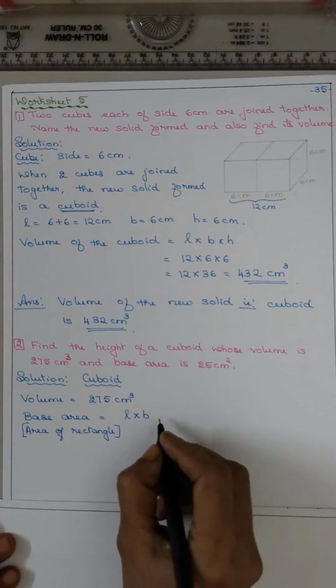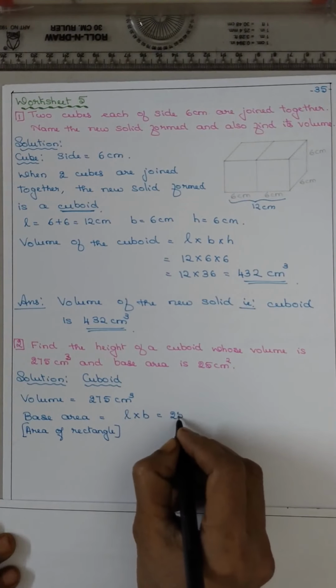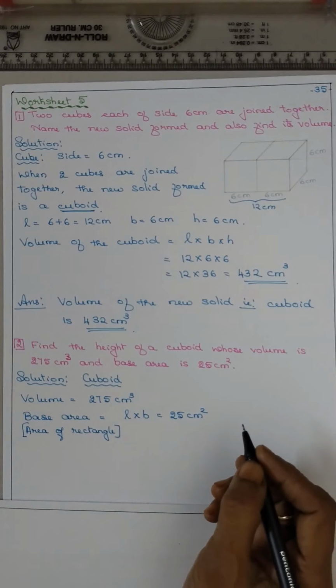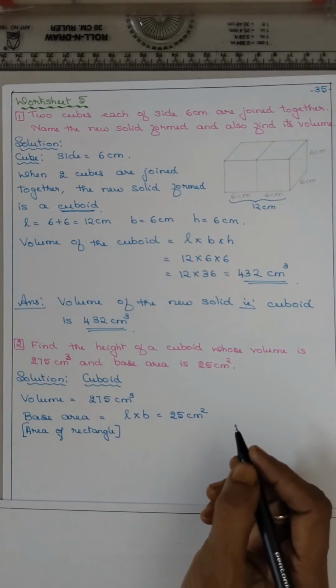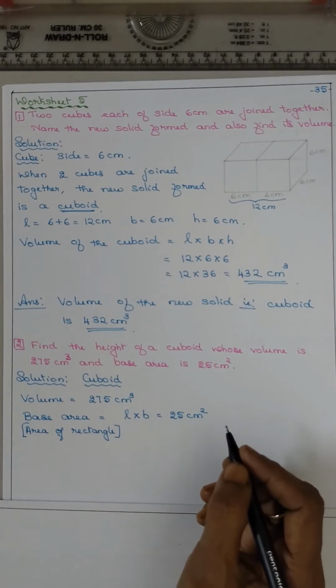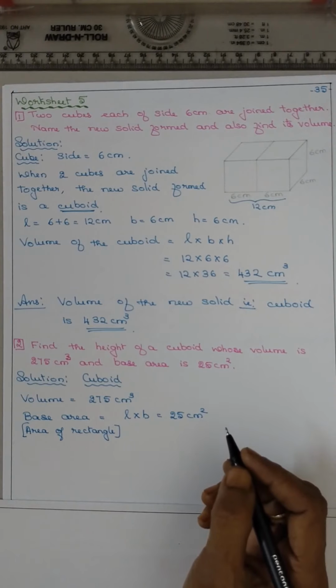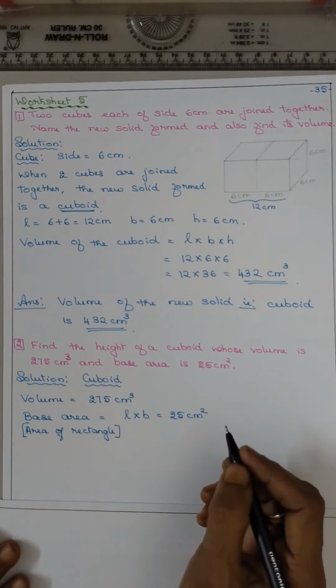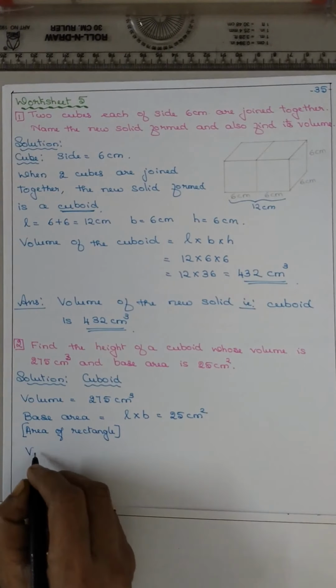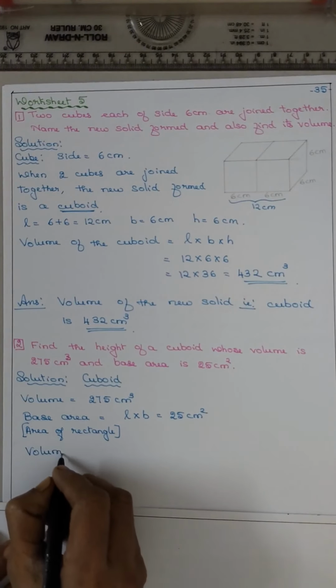That is given as 25 centimeter square. समझ में आया? लेंथ ब्रेथ अलग अलग नहीं दिए, वो बोले हैं कि बेस एरिया इज 25 सेंटीमीटर स्क्वायर, बट बेस इज द रेक्टेंगल. रेक्टेंगल का एरिया लेंथ इनटू ब्रेथ, सो डायरेक्टली लेंथ इनटू ब्रेथ इज गिवन. नाउ फाइंड आउट द हाइट.